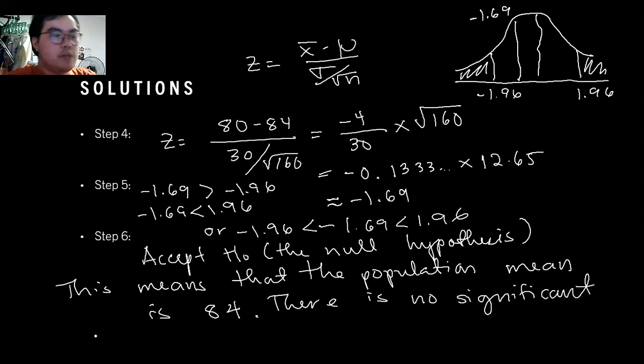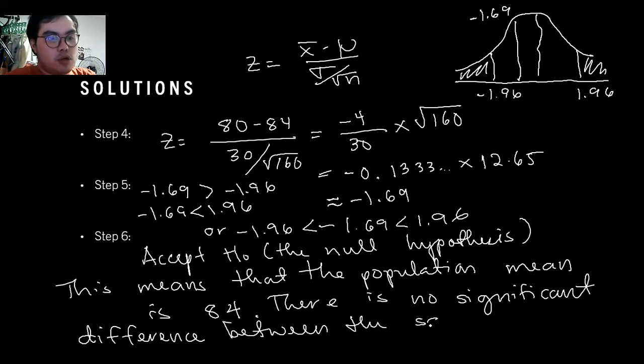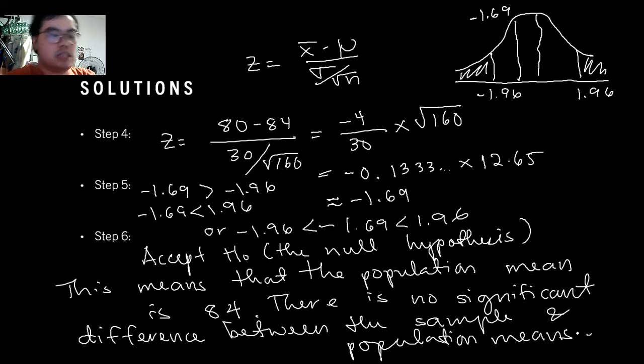So this is very important when we're going to do comparative studies, friends, between the sample and population means. Okay, so now we had tested the claim, and the claim has stated that there's no significant difference between the means, and the population mean is 84.